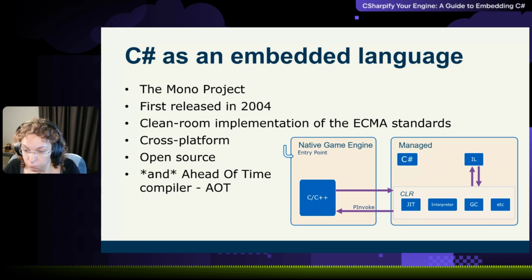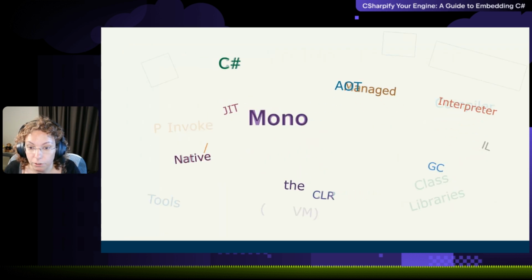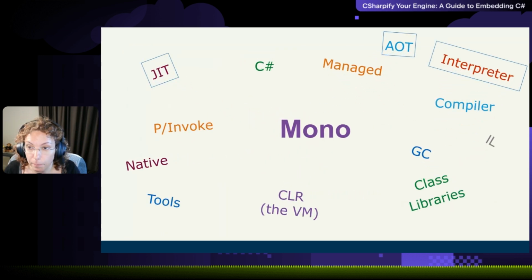And for a treat, it came with an ahead of time compiler, which we're going to shove into our little word cloud here. So AOT is the third mode of execution. We have the interpreter, where it just goes through the intermediate language one by one and executes it. We have the JIT, which compiles it as it executes.